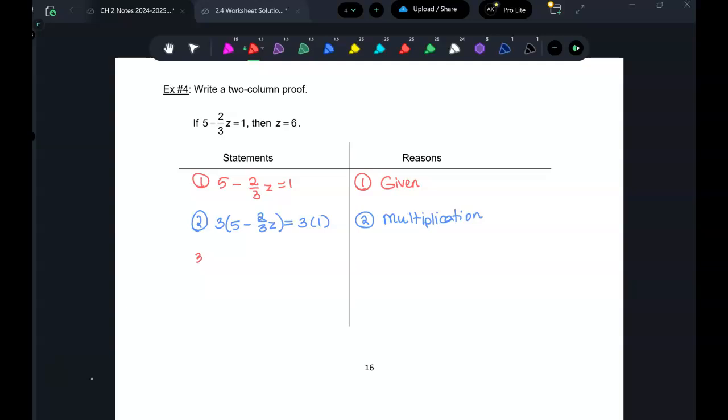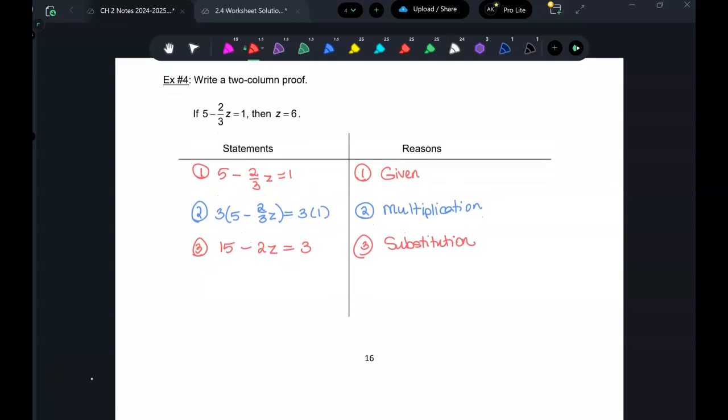This will be 15 minus 2z equals 3. But I need a reason for that. What did I do in that last step? You could do substitution, or did anybody think distributive property? Remember I distributed? So I'll just put substitution for now.